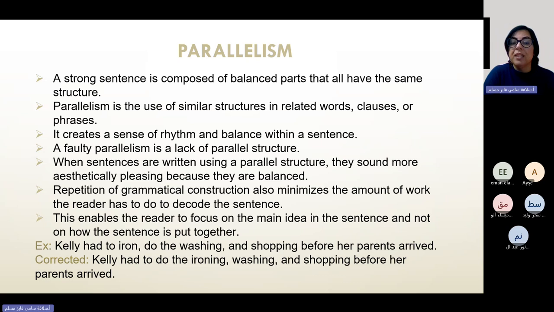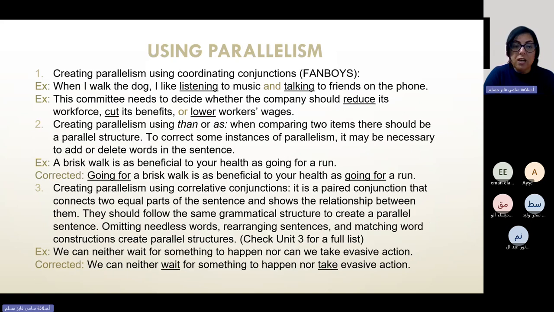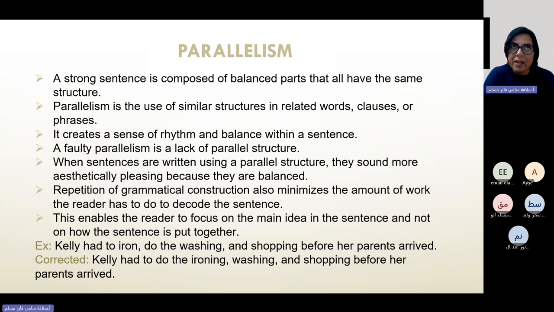Kelly had to do the ironing, washing and shopping before her parents arrived. So this, you guys, is how to use parallelism to give a sense of rhythm to the sentence.